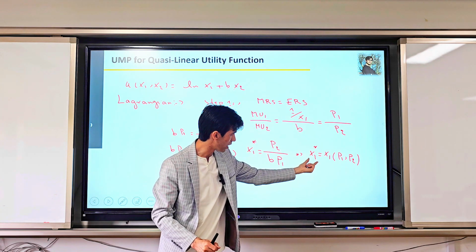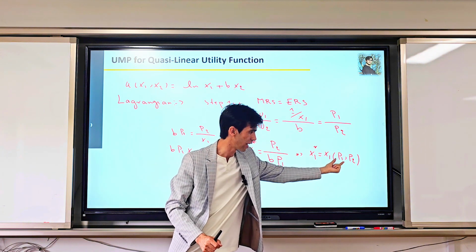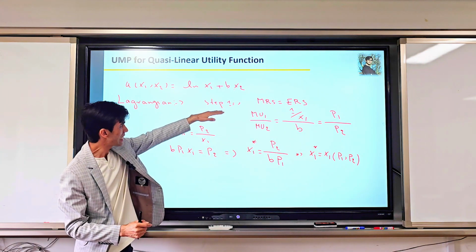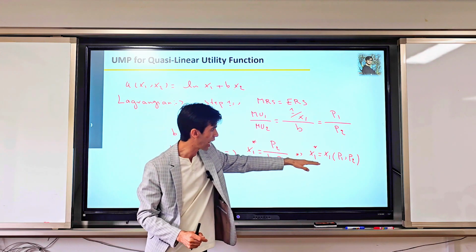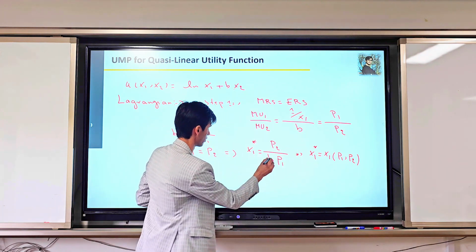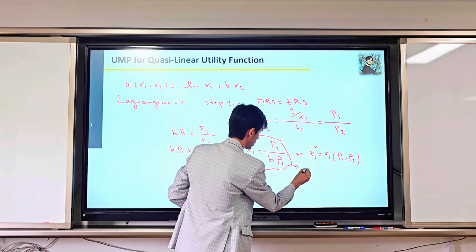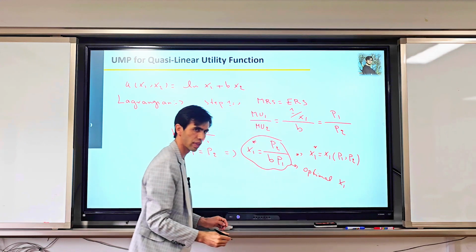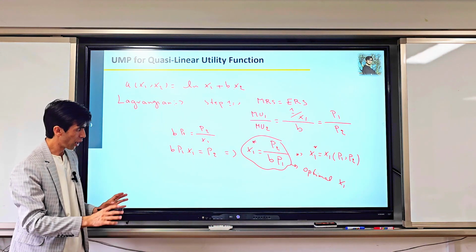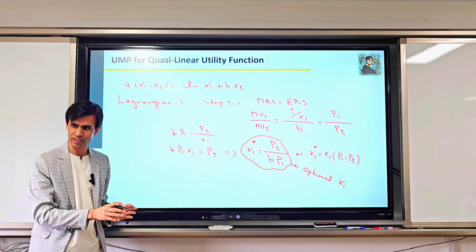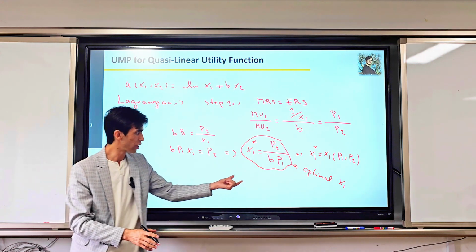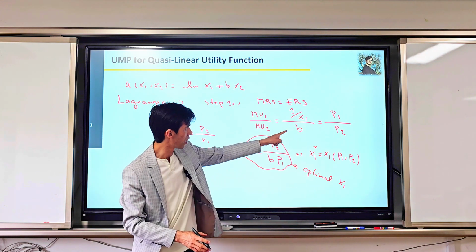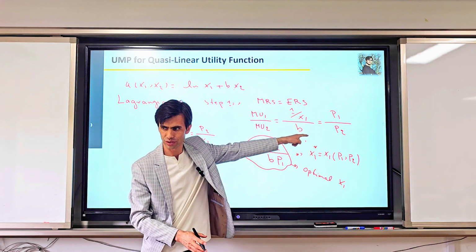So with just the first step, we found the optimal level of one good, x1. But when we had the CES or Cobb-Douglas utility function, we couldn't find it with just the first step. Here it's possible because we only have one variable, so it's easy to find.